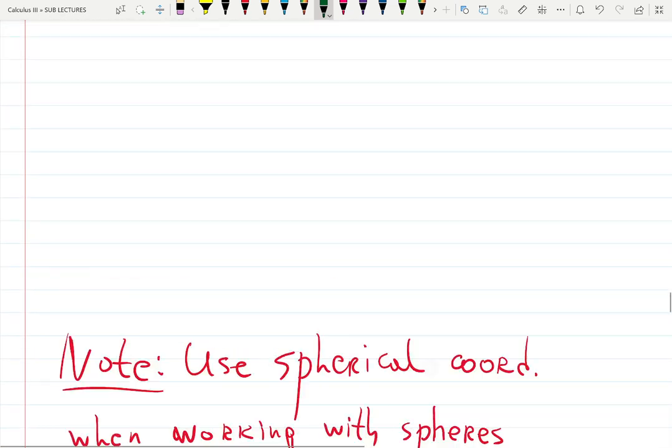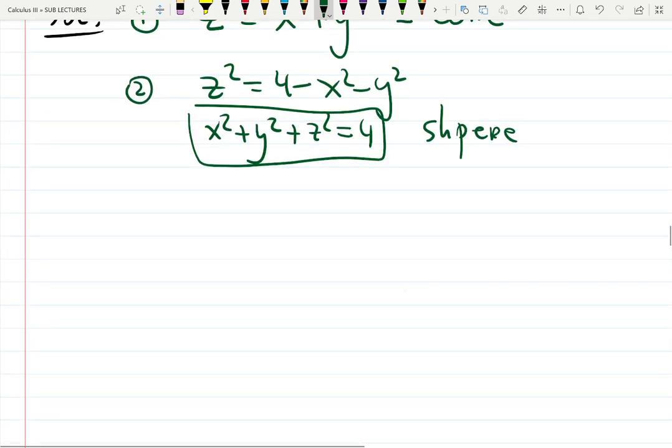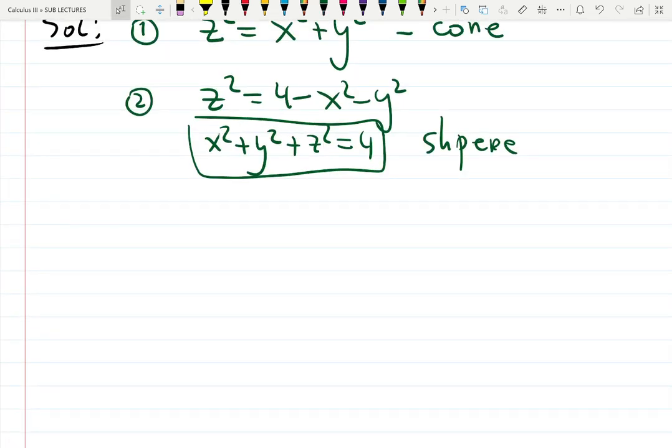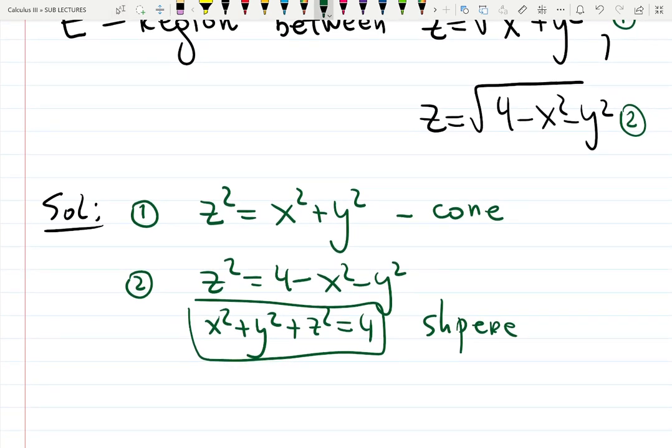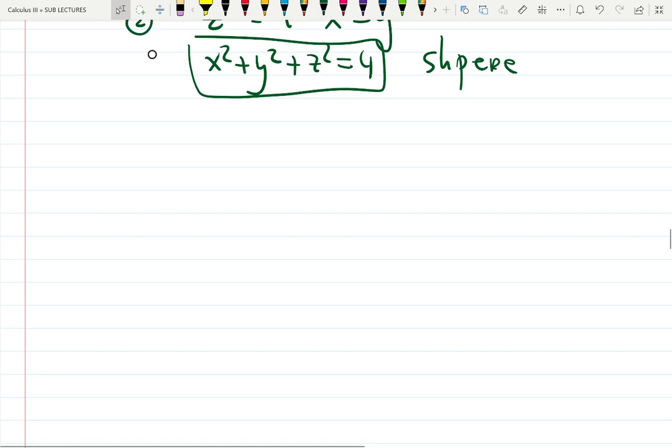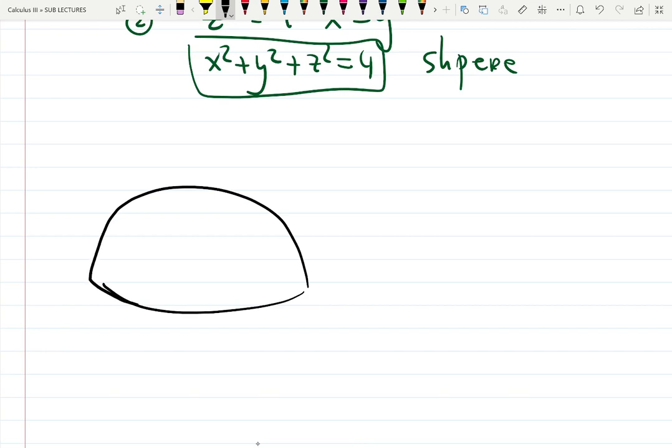Let's build a picture. What is happening here is you have a sphere, but what kind of sphere? The whole thing or not? Only the upper half, because z is bigger or equal than 0, right? So it's the upper hemisphere. We only need the upper part of the sphere because z is height.